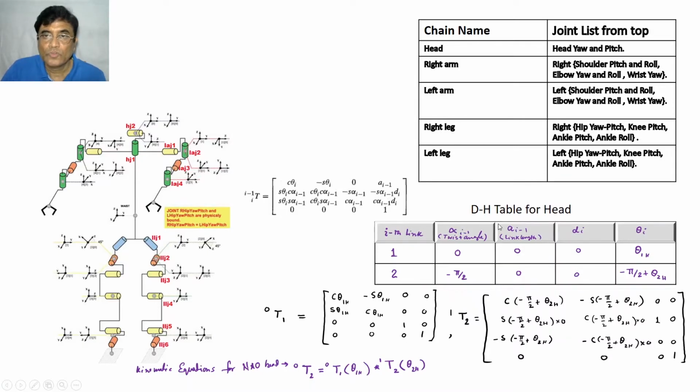So let us try to now make the model. Let us start from the head. Very simple. First you will have to create the Denavit-Hartenberg table for the head.